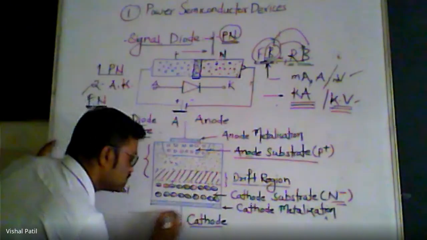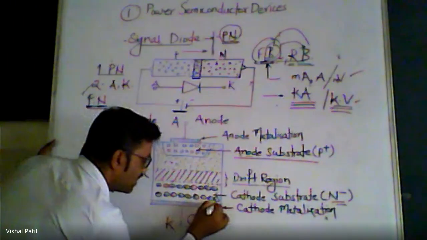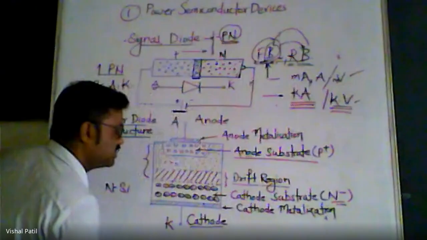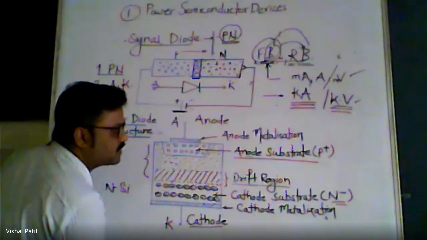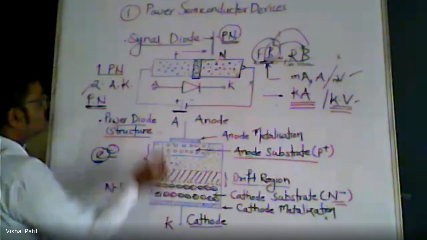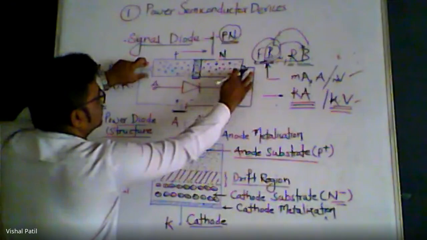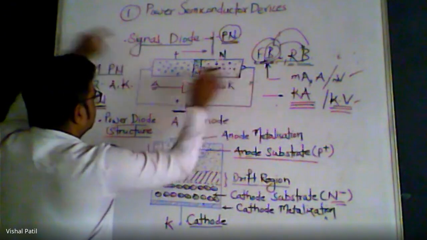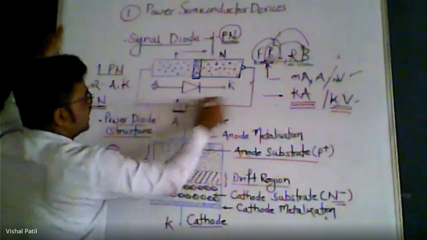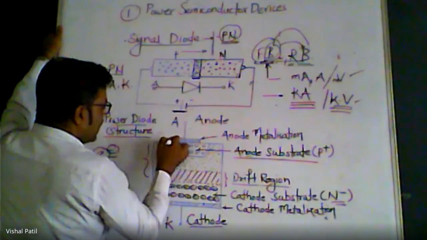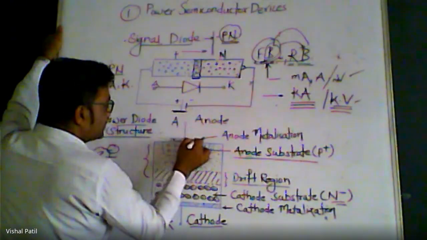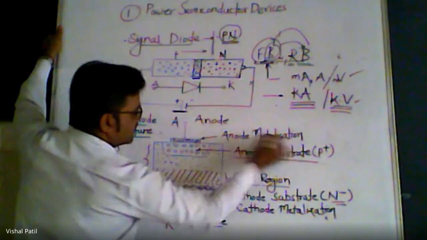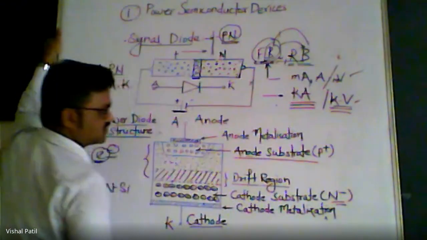And this complete shaded part is the cathode metallization, which is connected to the negative terminal of the bias. Here I have simply shown these two semicircles to connect to the positive and negative terminals, but here I need to provide them with the metal part. So the metallic parts are present: anode metallization and cathode metallization.